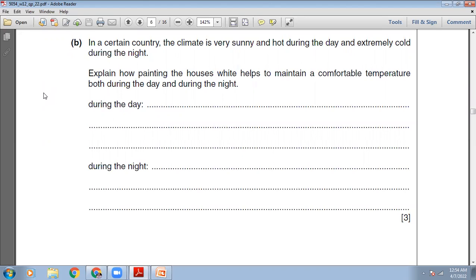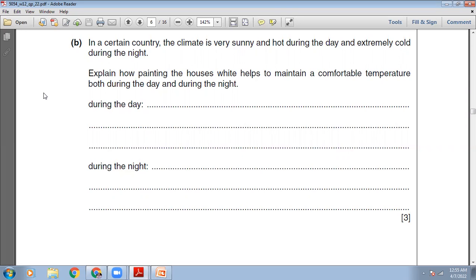If you paint the houses white, then in the daytime when it is very sunny and the surrounding temperature is high, the white color is a bad absorber of infrared radiation, so the transfer of heat from the surrounding to the inside of the home will reduce.